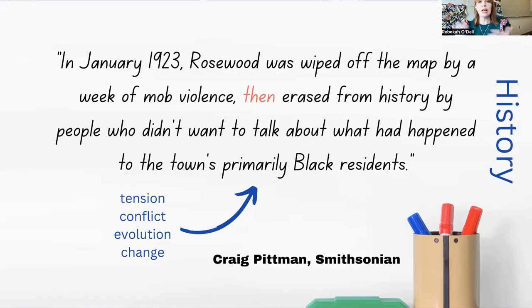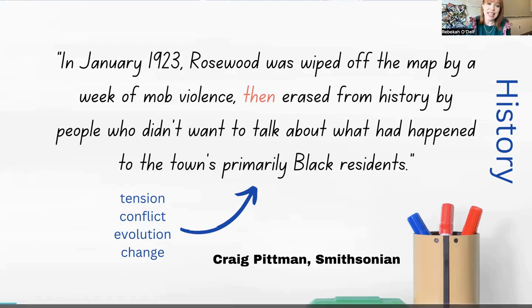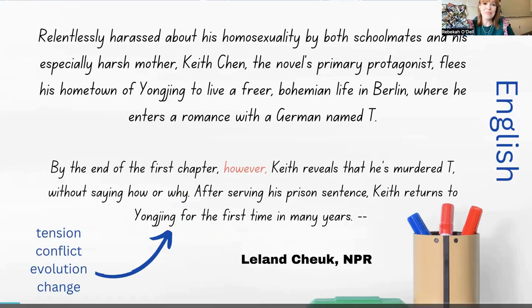Rosewood, what happened? Oh, it was wiped off the map by a week of mob violence. But he adds that pivot word, then erased from history, right? It shows us that things have changed. The situation evolved. There's some tension or some conflict here that he is going to discuss.